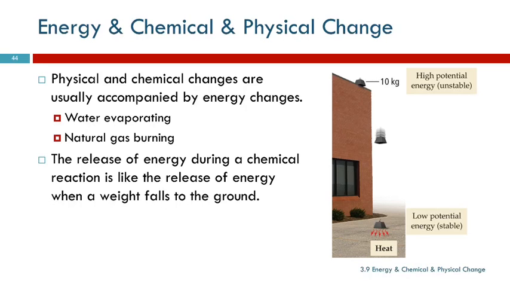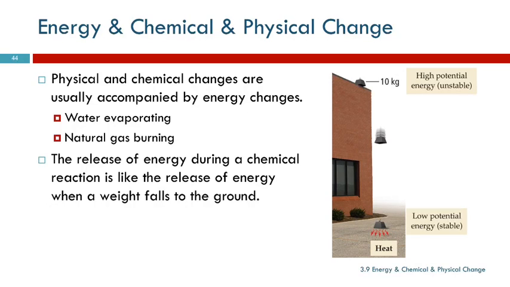So the release of energy during a chemical reaction is similar to when an object falls. So here we've got a 10 kilogram weight sitting on the roof of a building, very precarious here. It has high potential energy. You give that a shove, it's going to fall. As it falls and gets closer to the ground, its potential energy decreases, but its kinetic energy increases because it's traveling faster and faster.